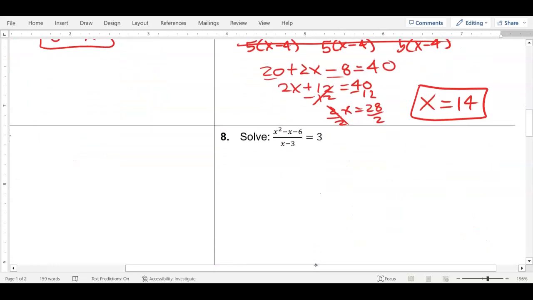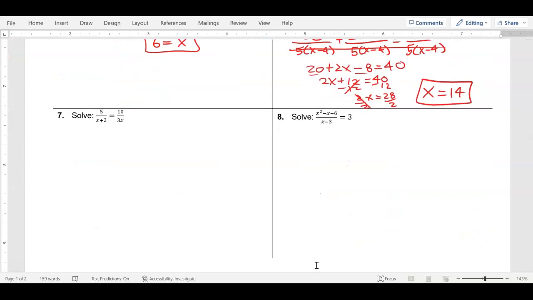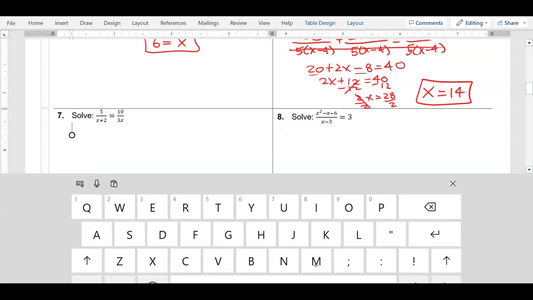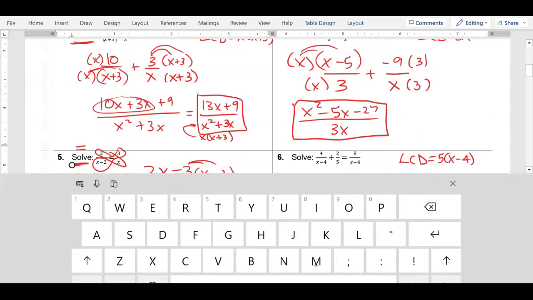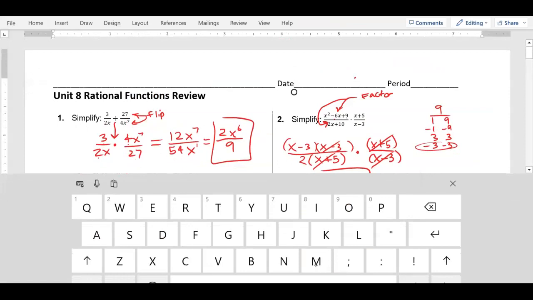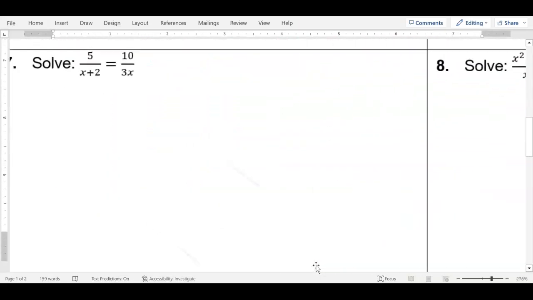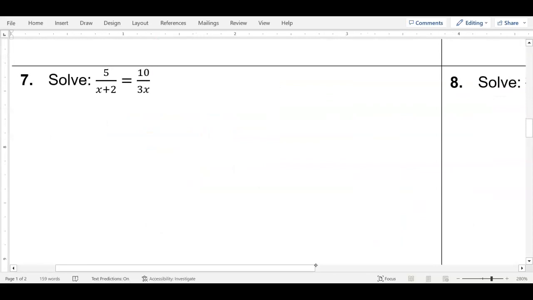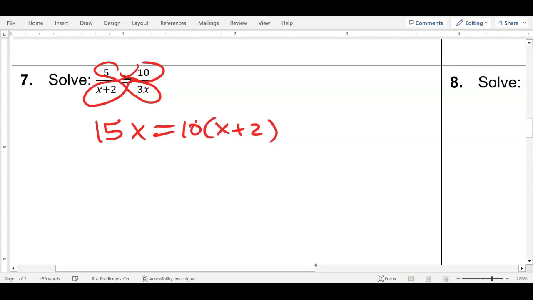Alrighty. Number 7. Again, if you see an equal sign, you can cross multiply and divide. So when we cross multiply, 5 times 3x is 15x. 10 times x plus 2, we're going to have to distribute that.